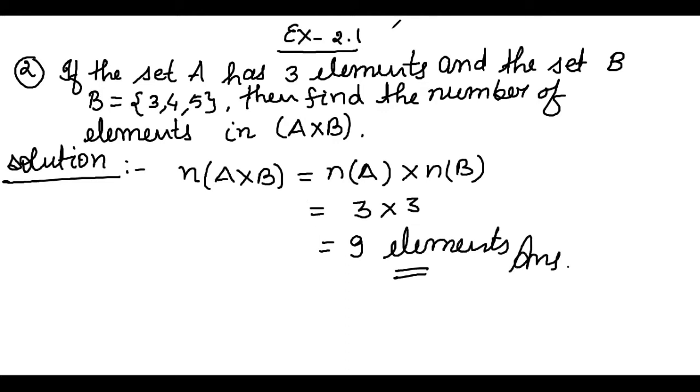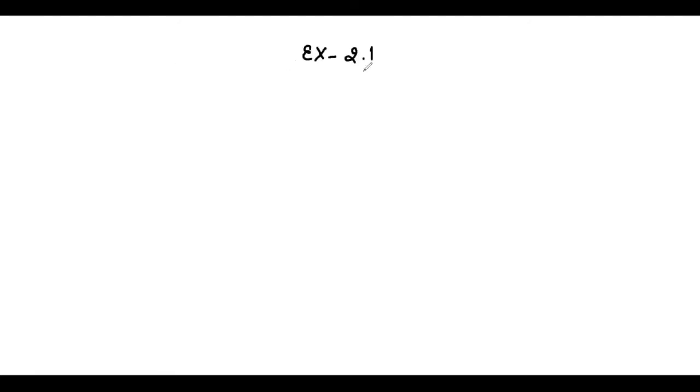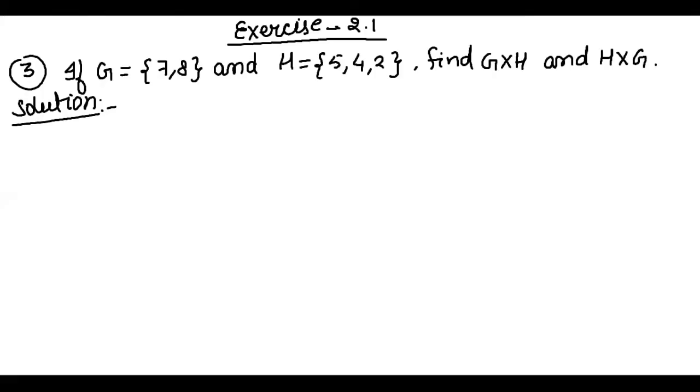Now we will solve the next question. This is question number 3 from the same exercise. In question number 3, the set G is 7, 8 and H equals 5, 4, 2.